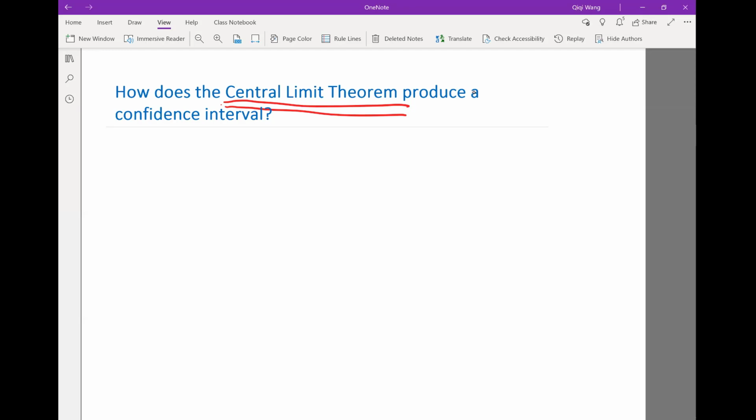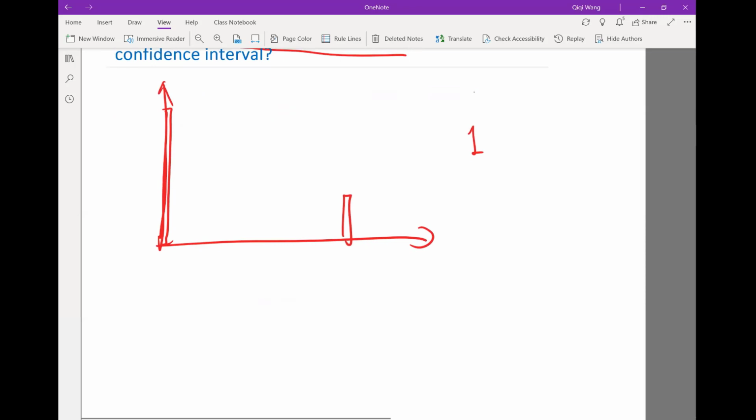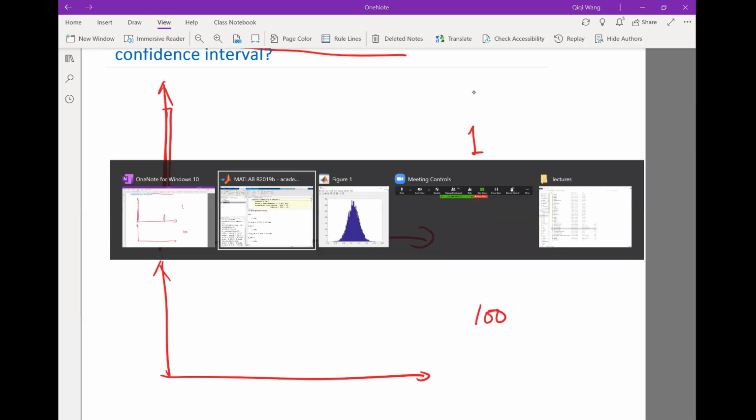Okay, so essentially what you can see is that if I have a single sample, in our case, our distribution is actually either 0 or 1. So that's a single sample. It's nothing like a normal distribution. And then as we perform more samples, let's say 100 samples, we can see what our distribution is.